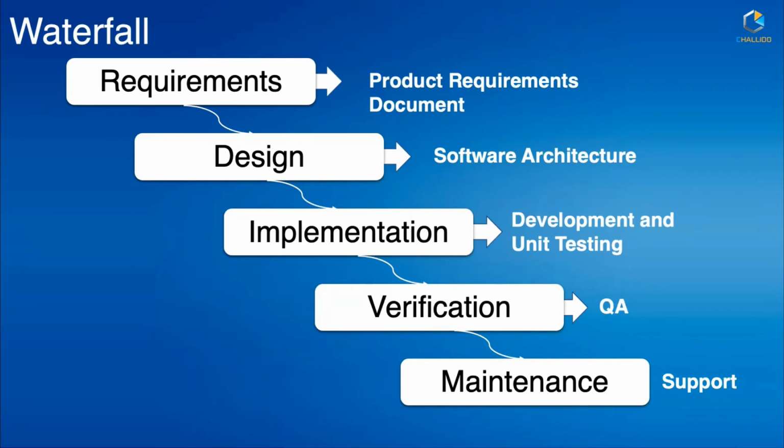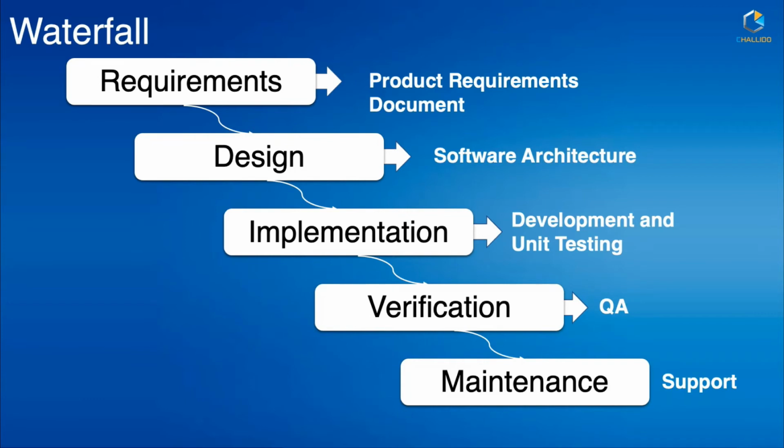Once that is done, you go through a long process of implementing the application as per the design, which is where your development and unit testing happen. This again might take months depending on your application. Once that is done, you go ahead with your QA verification, and then finally you put it into production and maintain it.